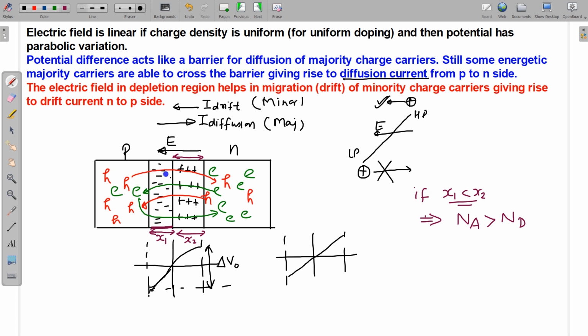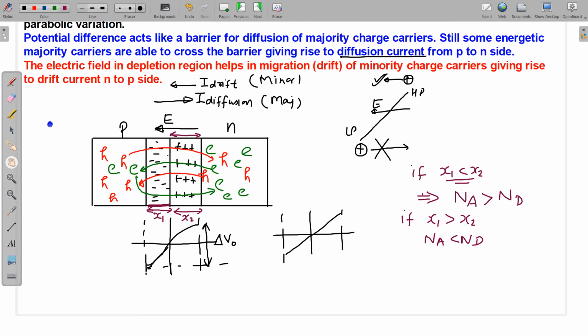So if this concentration is more, the width required will be less, and in this smaller width we will have those number of holes. Since this concentration is less, we will require more width on this side. This is the case, and the opposite also holds: if x1 is greater than x2, then Na is less than Nd.